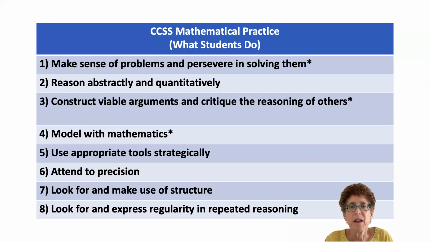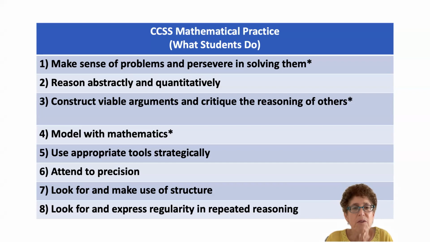Number 1, make sense of problems and persevere in solving them, because we know a lot of children give up too easily and don't understand that they need to work hard to figure things out. That's just part of math.